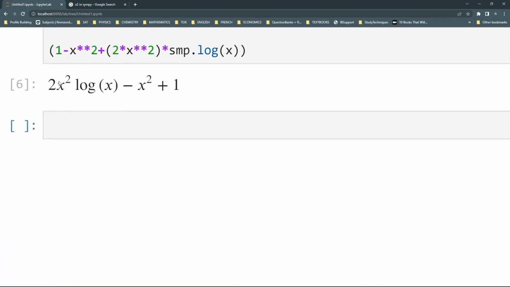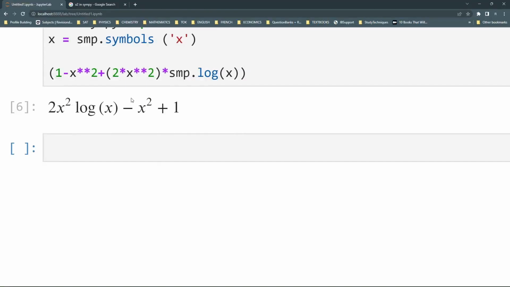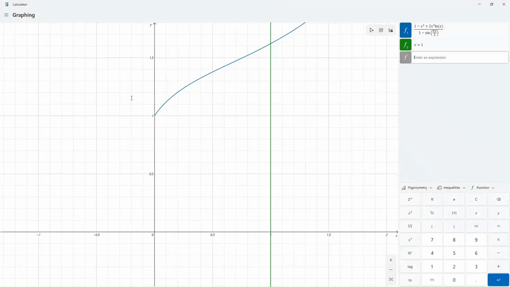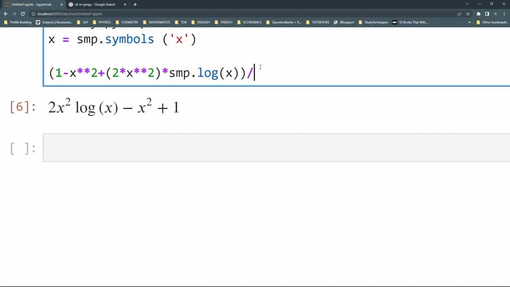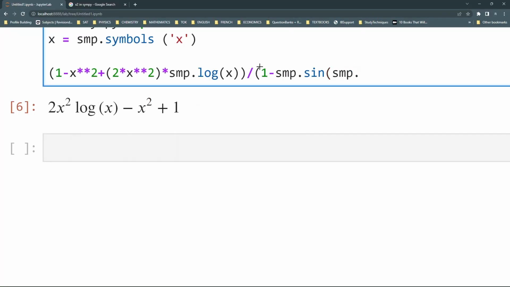So I get this 1 minus x squared plus 2x squared log x, and this log is basically log base e, so that works. And then I divide that by 1 minus sp.sin of sp.pi into x into 0.5 or 1 by 2, same thing.